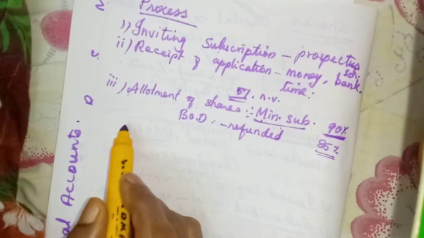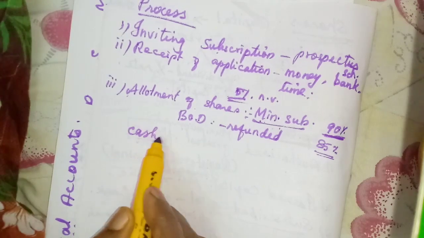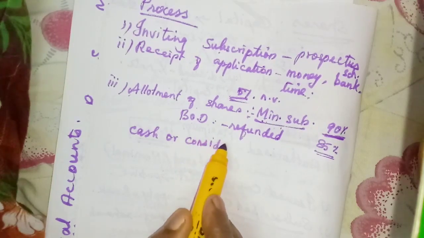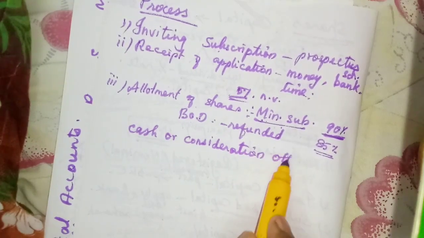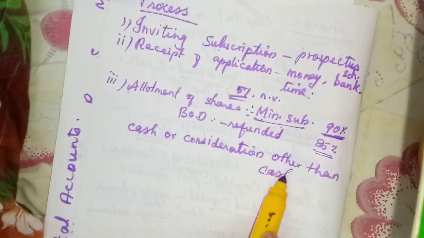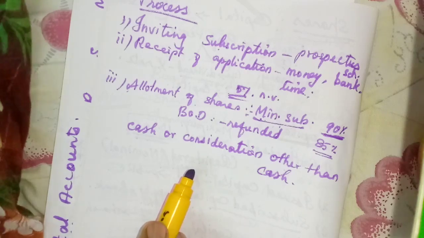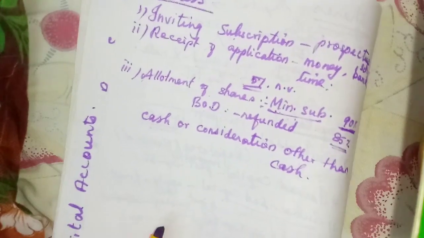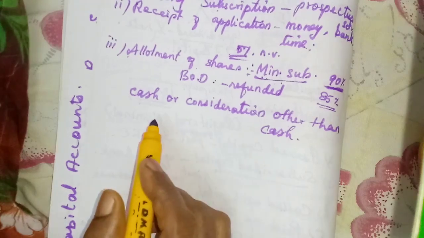Next, this issue can be done either for cash or for consideration other than cash. That means for any asset, maybe land or building. That will happen in the beginning, and sometimes in the lifetime of the company also. So either the shares will be issued for cash or for consideration other than cash.